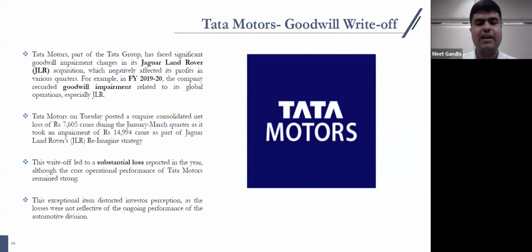This is why they impaired their old assets, which resulted in posting a net loss of approximately 7,000 crores, which was majorly on account of the impairment of approximately 15,000 crores.